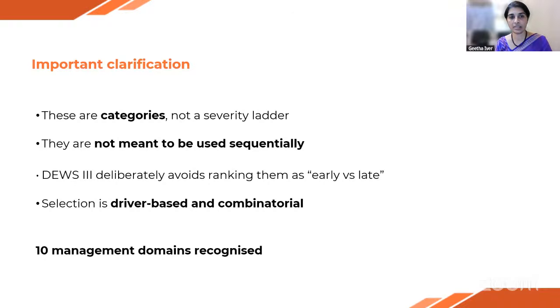These are categories. These are not a severity ladder. They're not meant to be used sequentially. It deliberately avoids ranking them as early versus late, and selection is driver-based combinations.